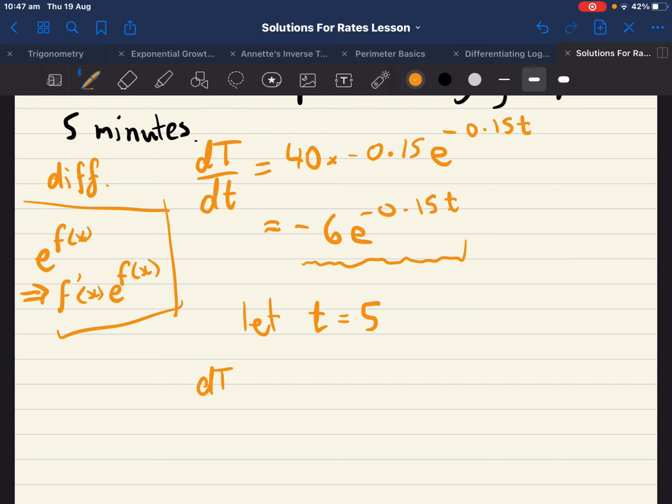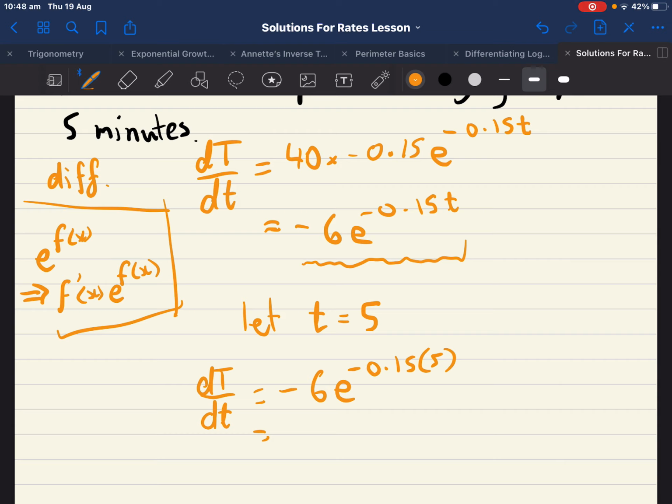And so the rate at which the temperature is changing is given by minus 6 times e to the minus 0.15 times 5.